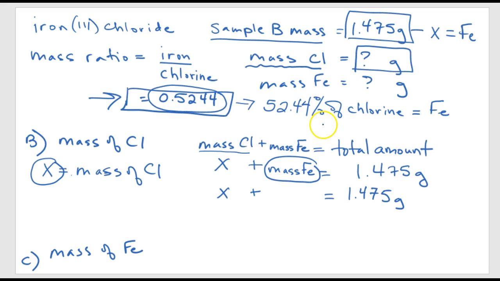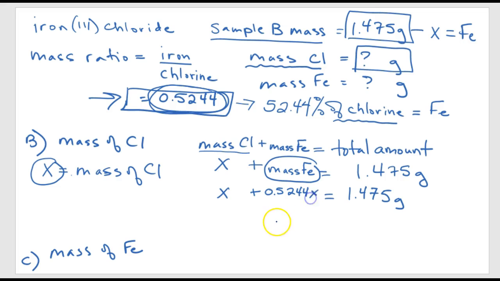The percentage of chlorine that is iron. So when I write my mass of iron, I know it's going to be this percentage of chlorine. So I'm going to multiply my chlorine amount by 0.5244, because we don't really multiply by percent, we have to change it into a decimal.